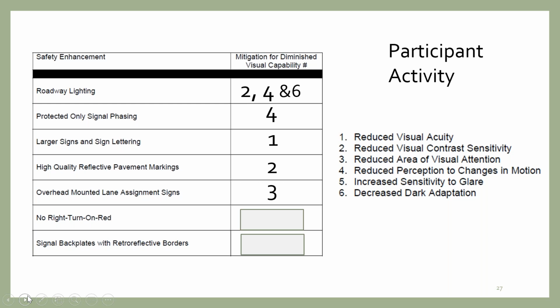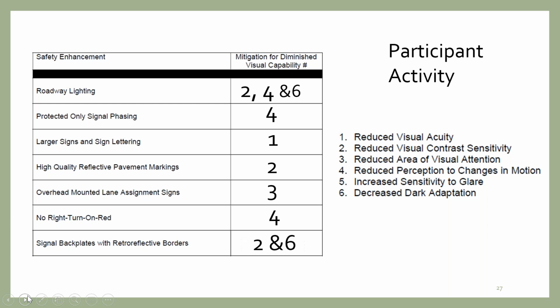Overhead mounted lane assignment signs, an example of things that we can do on the roads to help accommodate for that reduction in our area of visual attention, placing signs and traffic signals in areas where they're most likely to be observed by approaching drivers. A no right turn on red at a signalized intersection. Well, that can help again overcome that diminished ability to make judgments in gaps and approaching traffic.